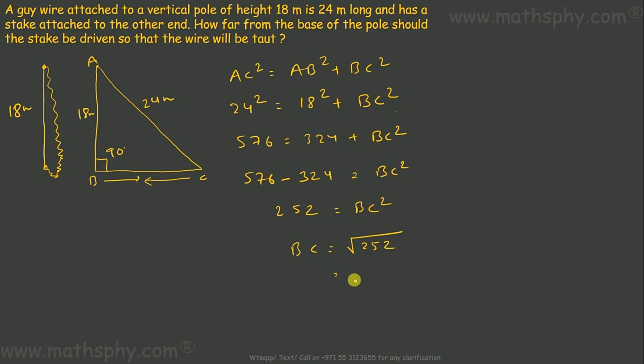So this can be written as 2 into 2 into 3 into 7. So which will give you 2 into 3 root 7, which is 2 into 3 is 6 root 7. That's the answer here, 6 root 7 meters. Alright?